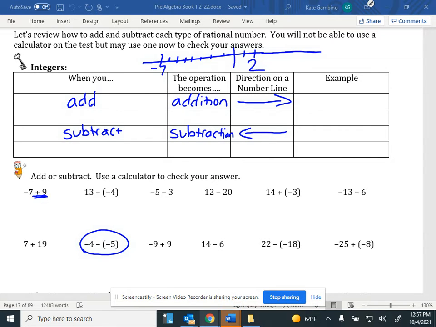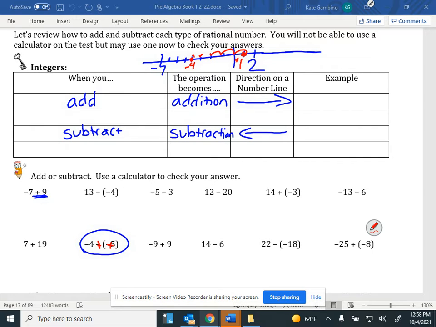So, remember what I said, when you're subtracting a negative, you turn it into adding the positive. So you're still going to start out at negative 4. That's your starting point. But now you're adding that positive 5. So 1, 2, 3, 4, 5. And you end up with that positive 1.